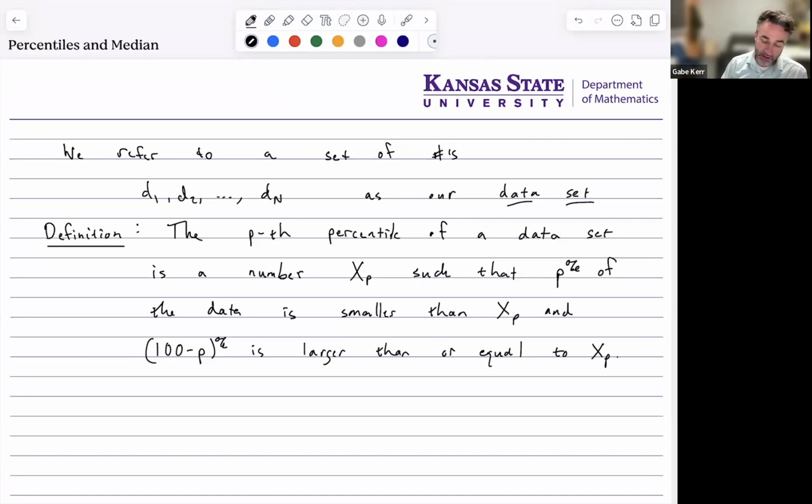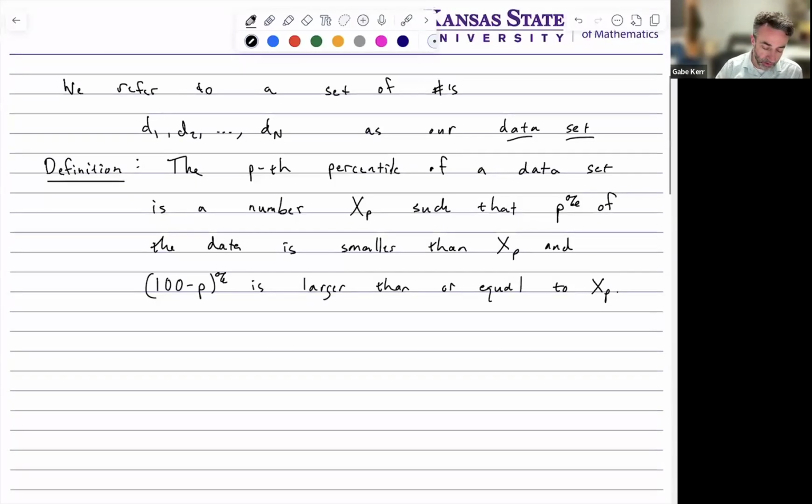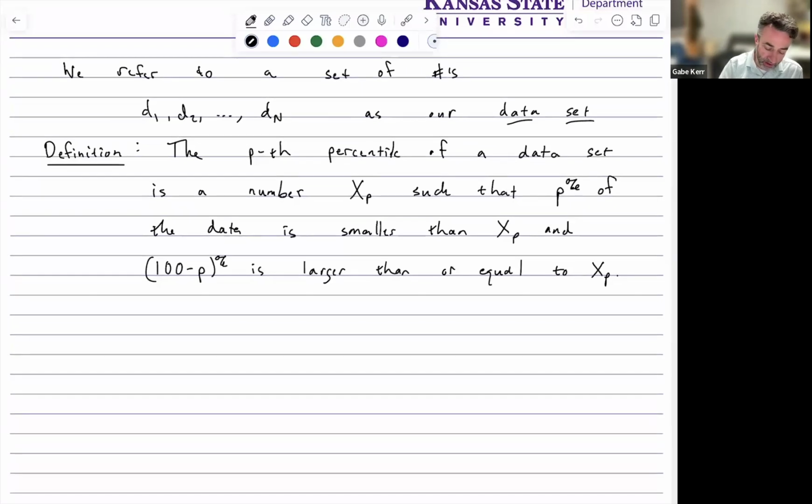So this is the definition, and if that just glazed right over you and didn't make any sense, well, let's give a method to compute it, and then we'll try to interpret it again, looking at some examples. All right, so what is the method? How do you find a percentile given some data?